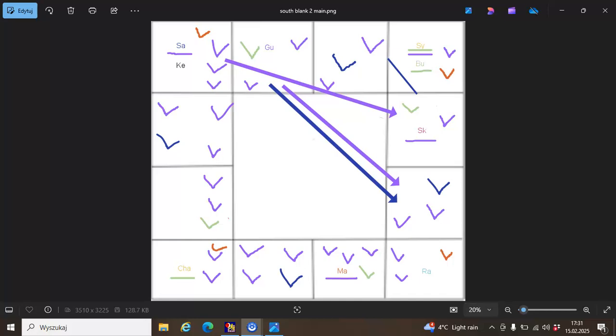Then we move to the sign of Mina, which is the 10th house of the horoscope, and here we've got Shani in Mina. So the condition is fulfilled. We've got at least 4 grahas, excluding Rahu and Ketu, falling in Kendra houses in the horoscope.